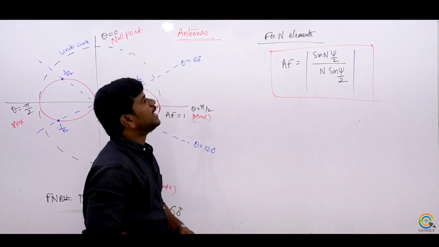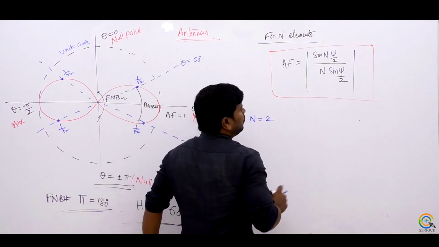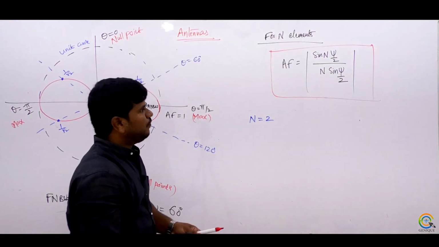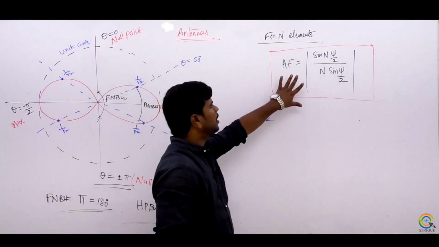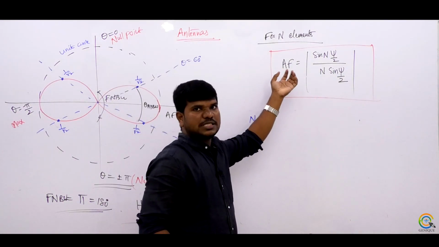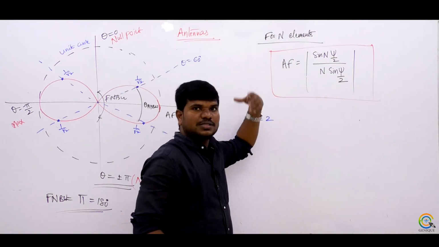Suppose you take n equals 2, what will it be? Why have I taken n equals 2? To draw this kind of radiation pattern using a numerical approach, you have to use some analysis type.